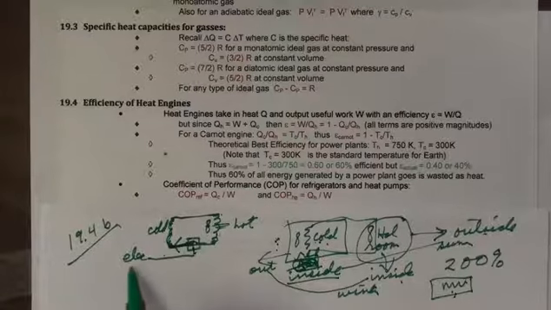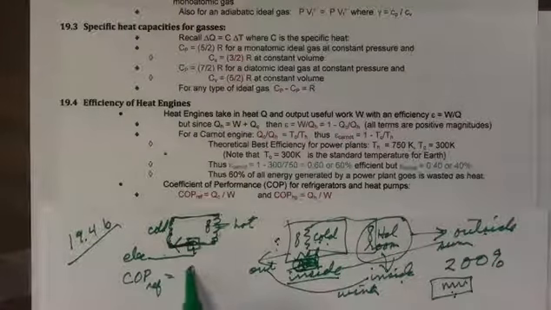The coefficient of performance for a refrigerator is the cold heat divided by the work. And of course, we want less and less of this amount of heat that goes into the cold reservoir, and we want a greater and greater amount of work. And this ratio is called the coefficient of performance.